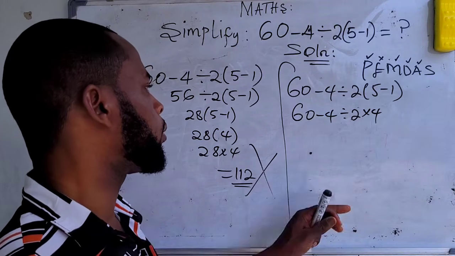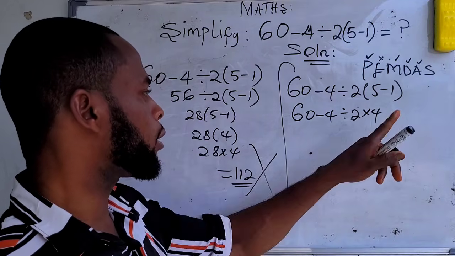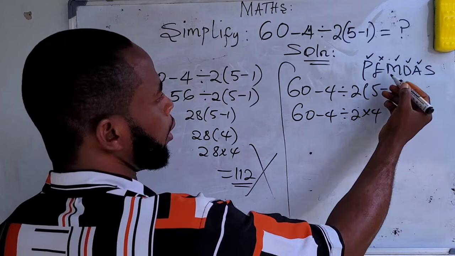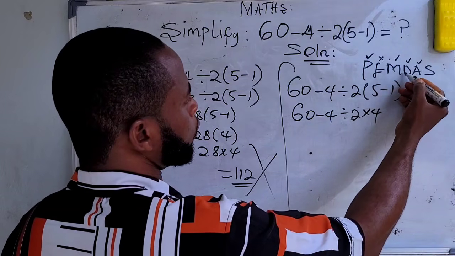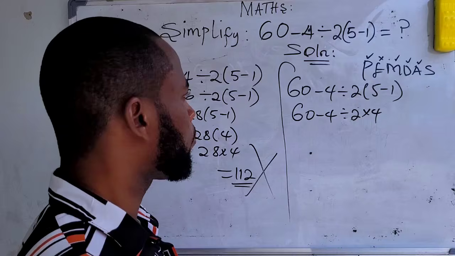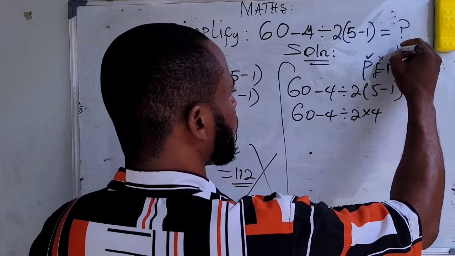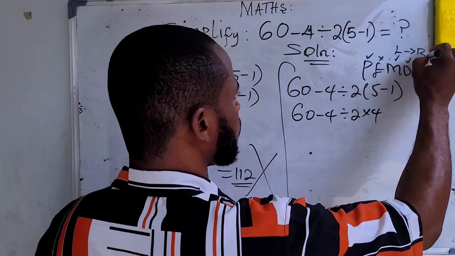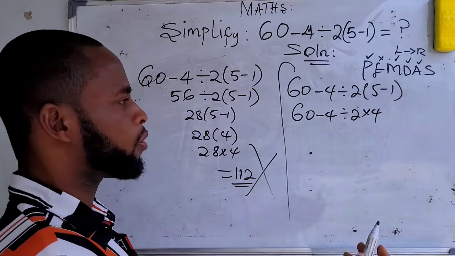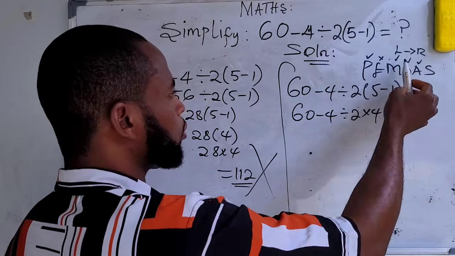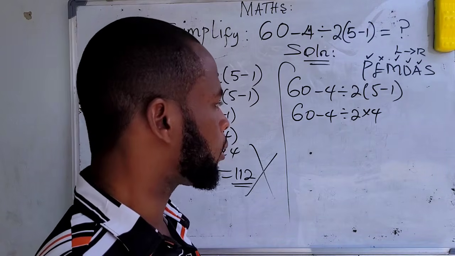When we are done with parentheses, the next step is to consider division and multiplication, which have the same order. Here we are going to move our simplification from left to right. Even though multiplication comes first in the acronym, we are going to treat division first, considering this rule from left to right.